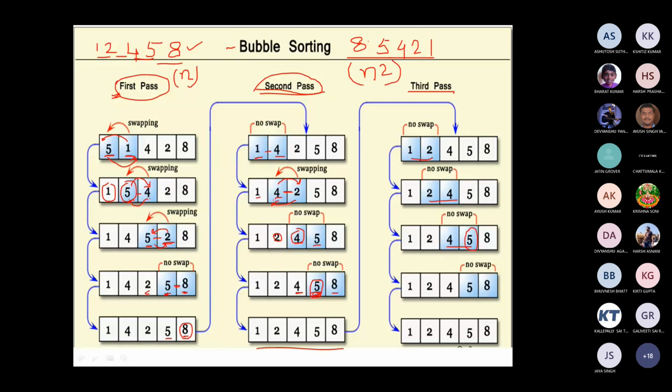N square time we require. Okay. Sir, why isn't it n minus 1? Because in the first part, when the array is sorted, we are doing 4 iterations, 4 processes while sorting.